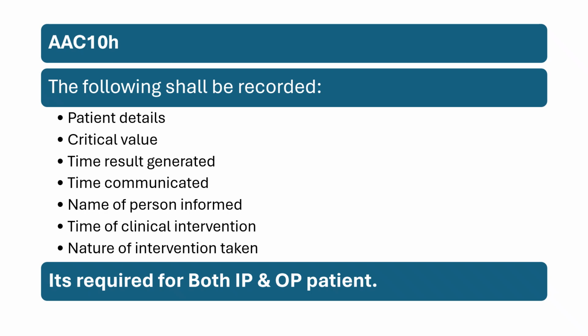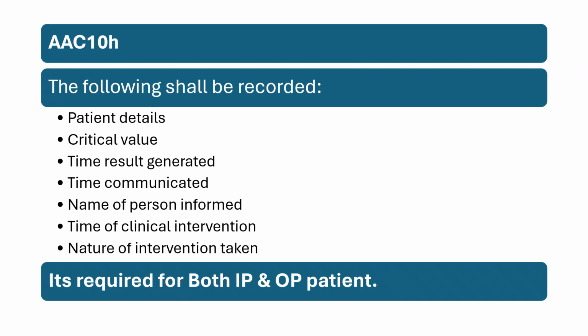But the cardiology department has to do the 360-degree, either OP or IP, when they are reporting the ECG, echo, or TMT. These values, they have to report to the consultant, and they have to ask the consultant what clinical intervention has been taken for this patient, right?